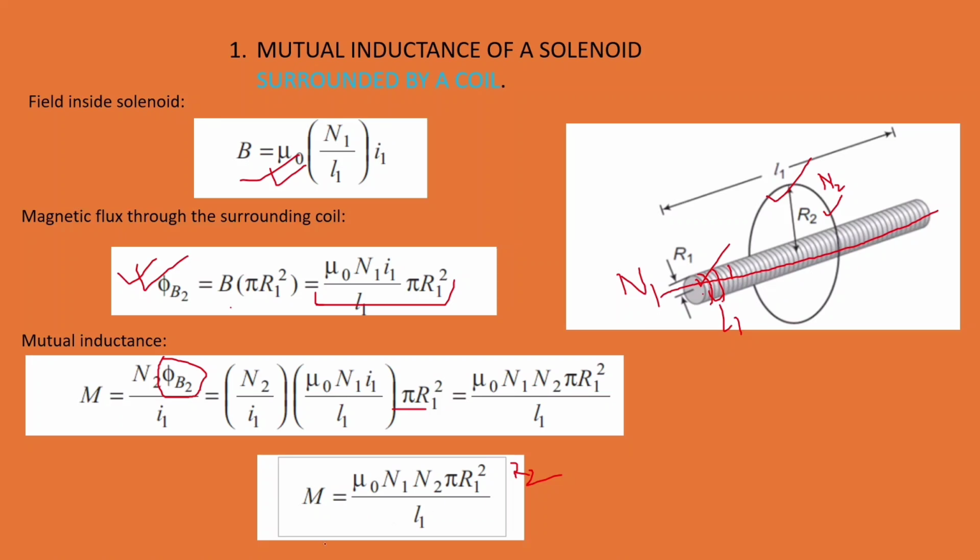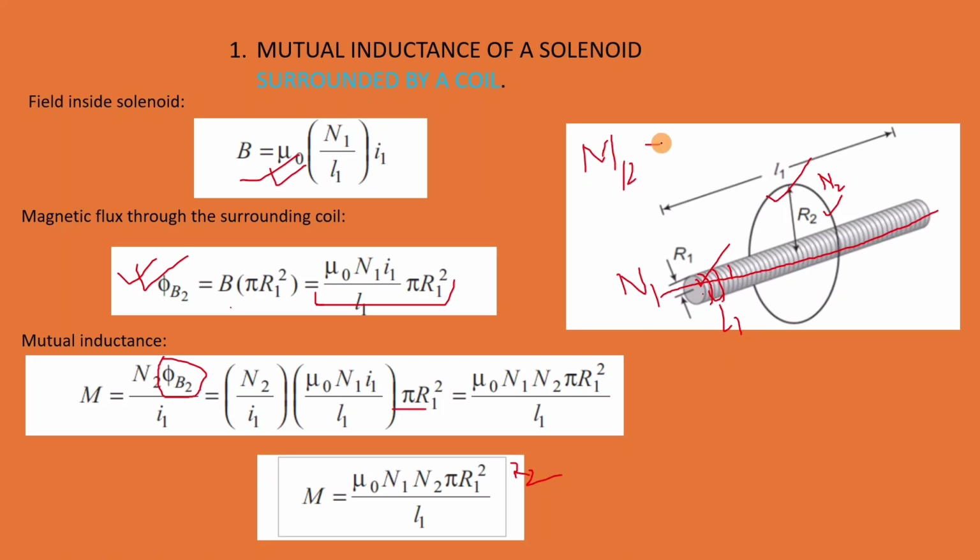Now we can also calculate the mutual inductance by calculating the current flowing through the R2 radius coil, and we will get the same expression, because we know M12 is equal to M21.